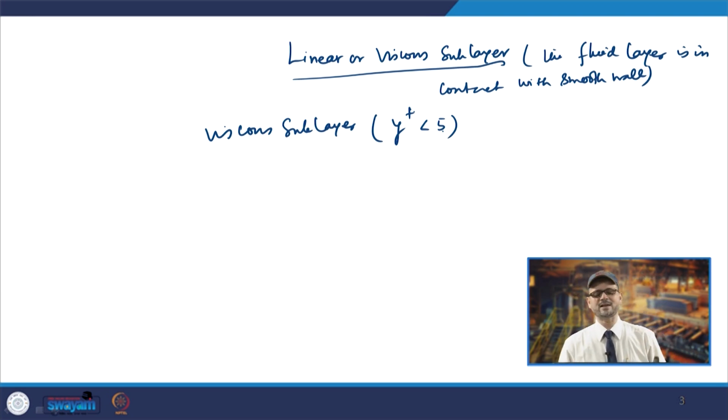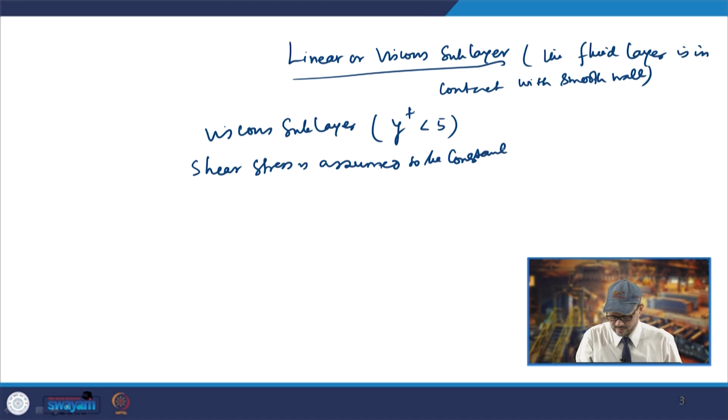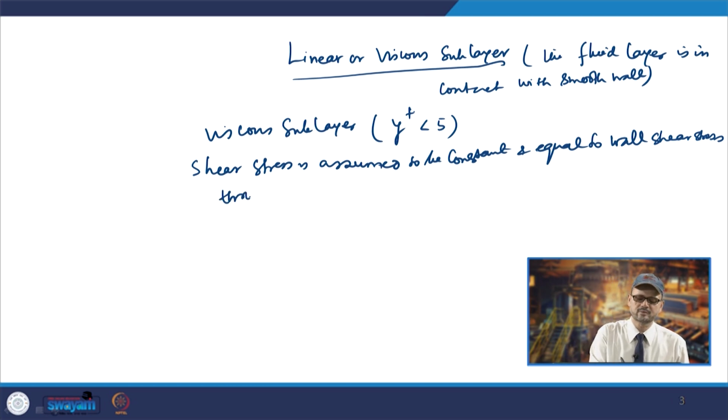It can be assumed there that the shear stress is approximately constant and equal to the wall shear stress tau w throughout the layer. So, as the layer is very thin, you can assume that the shear stress will be tau w, constant throughout that layer.